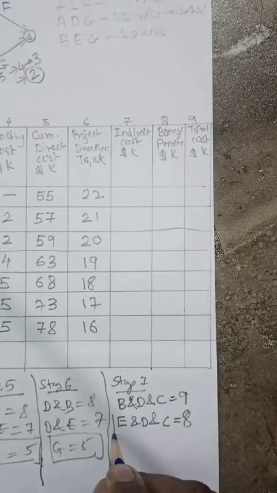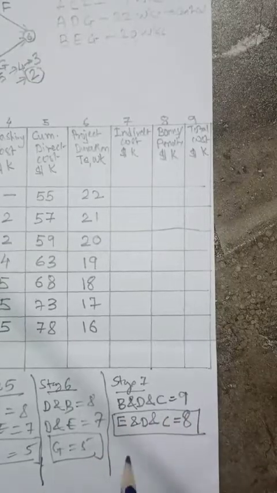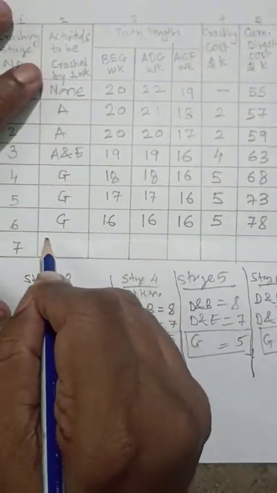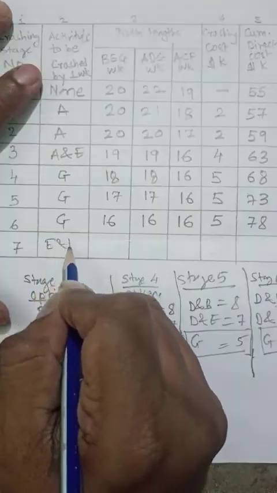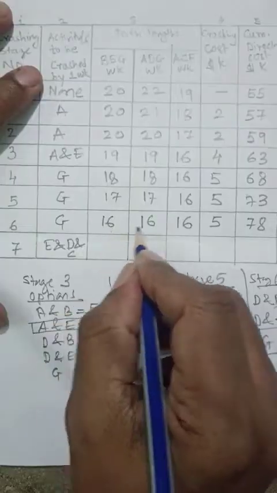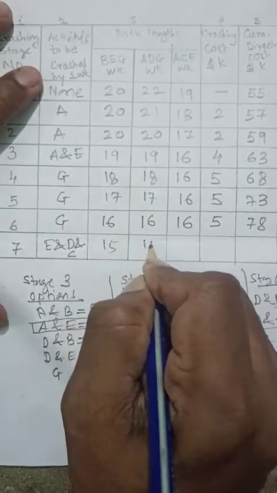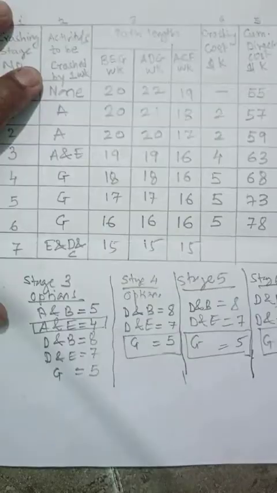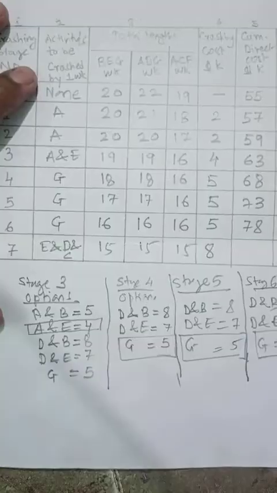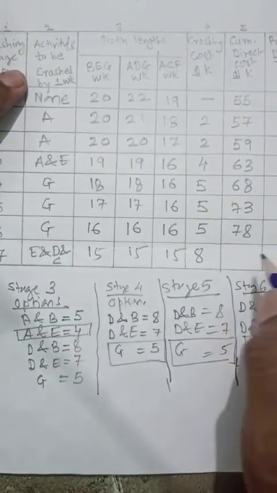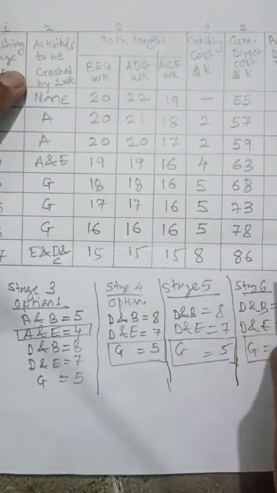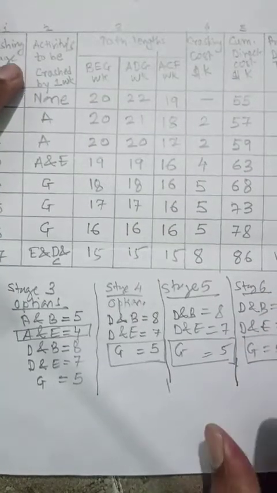So I have to go for crashing E, D and C. So here I will enter E and D and C, and all the three will reduce by 1, right? The cost is going to be 8, and the total cost is going to be 86, and the duration will be 15.